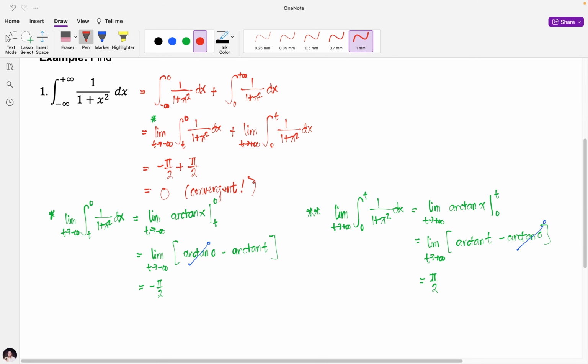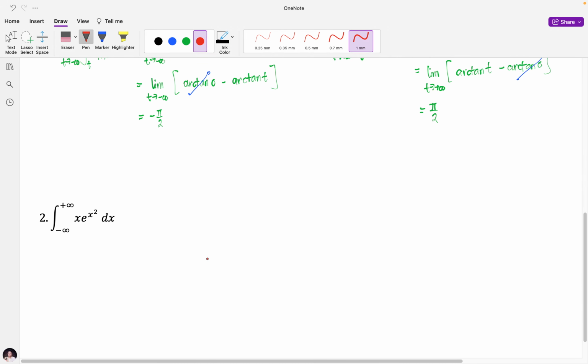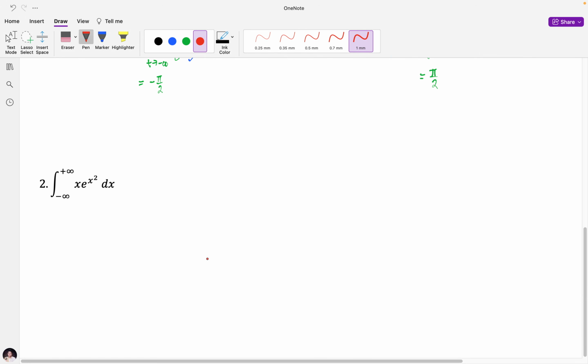It converges to 0. Okay, so let's try the second example here. Same lang ang gagawin natin. So this is just equal to the integral of x e raised to x squared dx from negative infinity to 0.